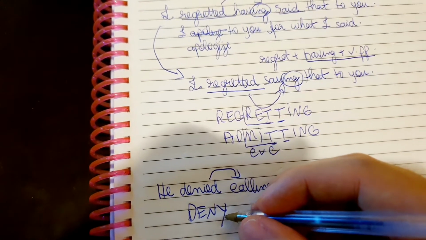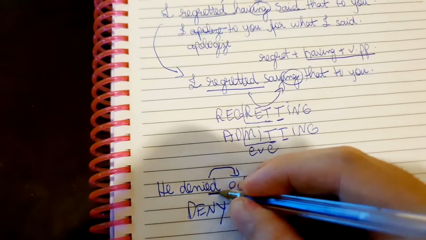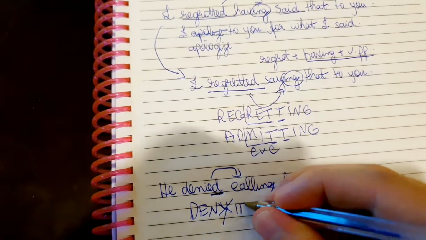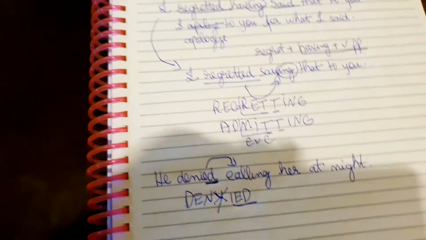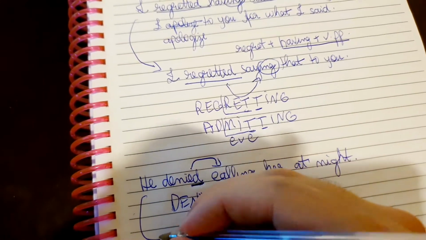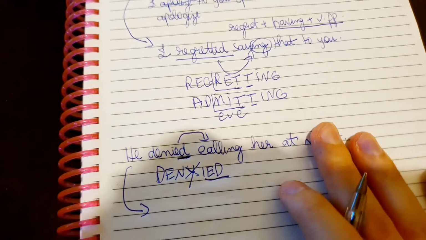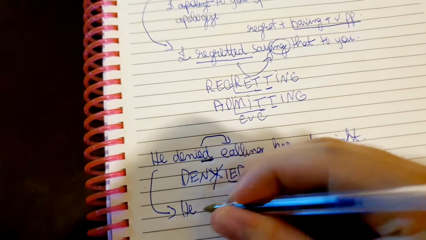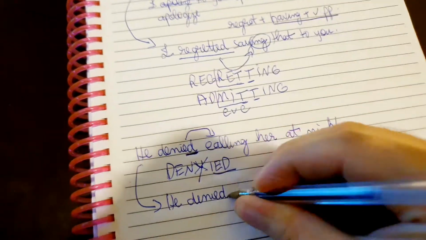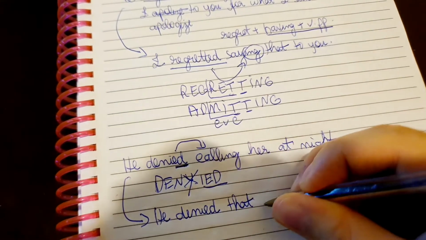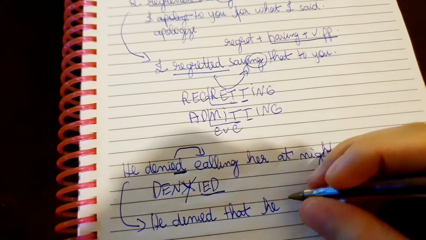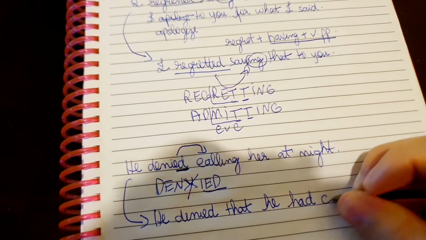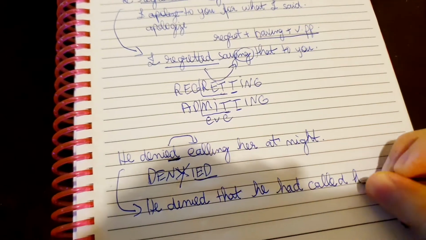So before putting ed, because it's a regular verb, I have to drop the y and add ied, okay? It's possible to write the sentence in another way. I can say, he denied that he had called her at night.